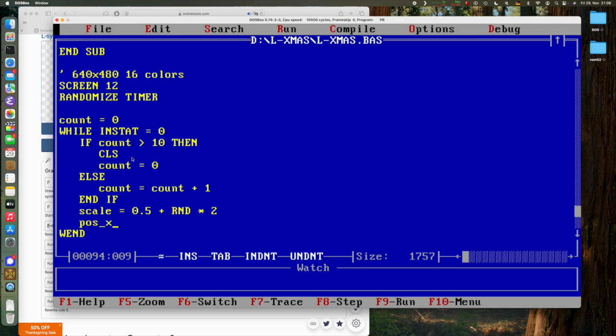Then we also have to create a random position. We will take -160 divided by scale plus RND times 640, which is obviously randomizing the position over the whole screen more or less, and -120 divided by scale plus RND times 480.